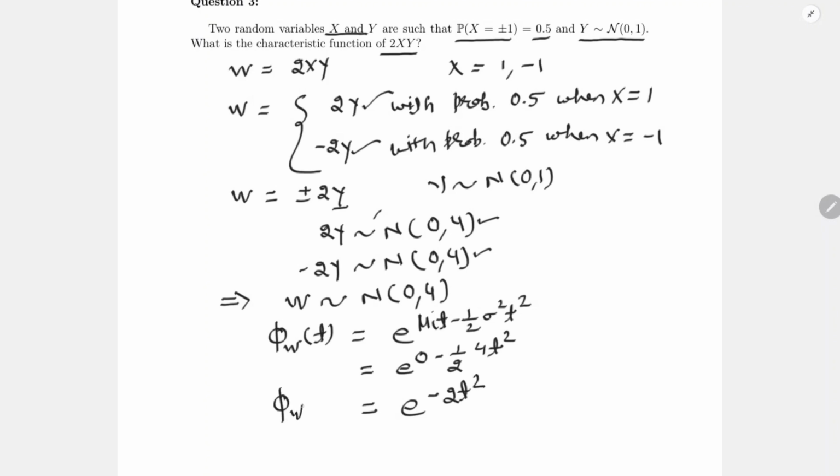Now you might be wondering how W follows a normal distribution, because we have written that W equals positive 2Y and W equals negative 2Y. But whenever we are dealing with a normal distribution, this always happens.